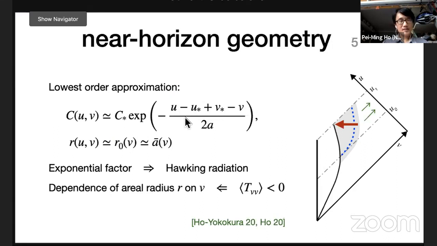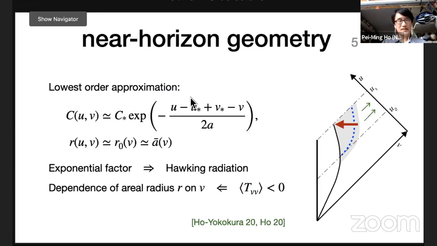When the numerator, U minus V, changes by an amount of A times log A over Planck length, this exponential factor is changed by Planck length over A to some power.